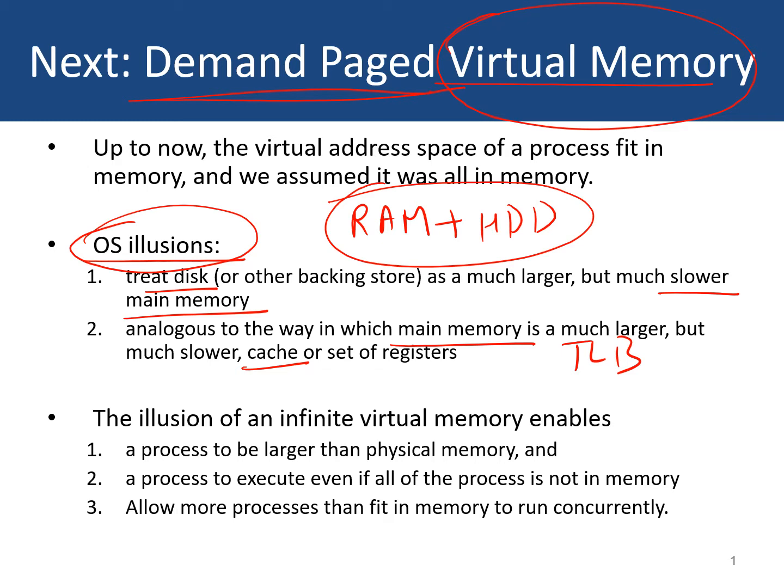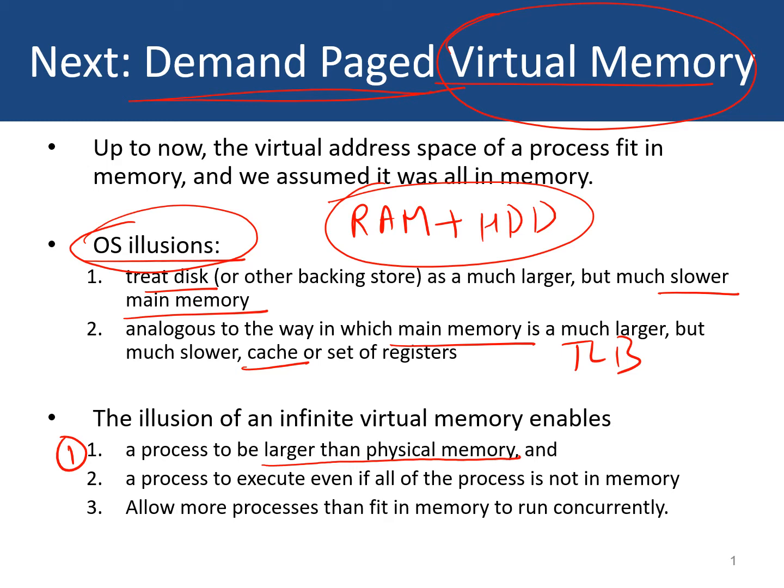For instance, now that a process does not need to be present in its entirety in the RAM or the main memory, we can execute processes that can be larger than the size of the physical RAM in our computer systems.